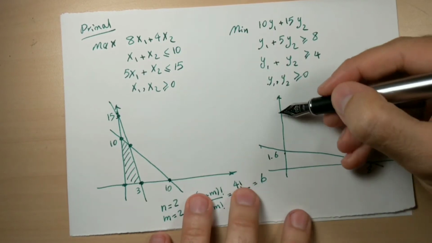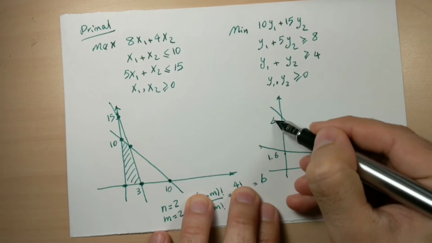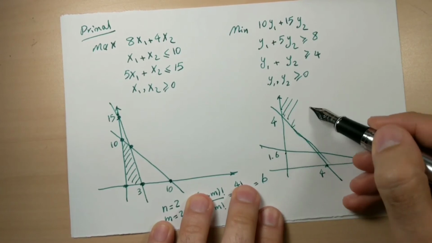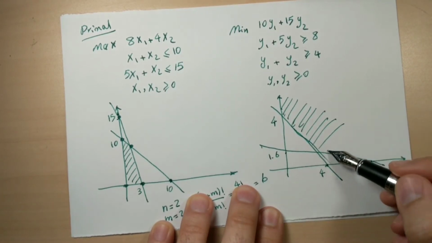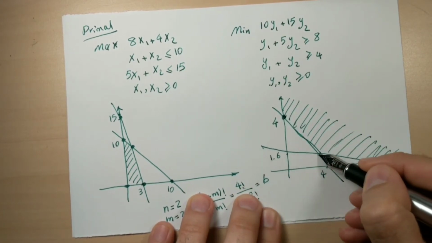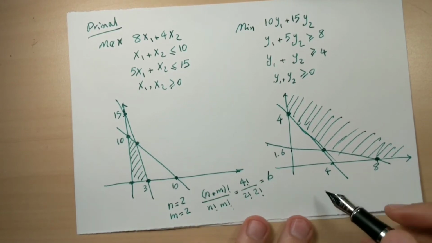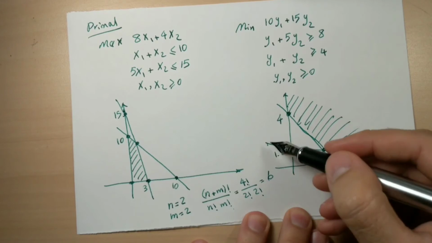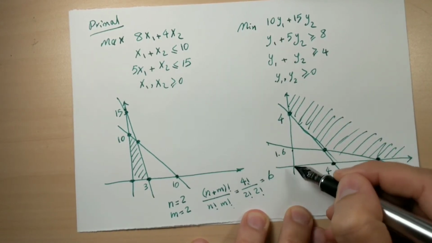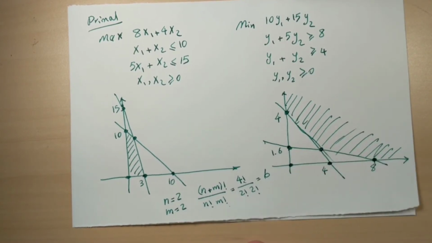For the second constraint, both of them are 4. Greater than or equal to 0, so this is the feasible region. We have 3 feasible corner points. Again, from (n plus m) factorial over n factorial m factorial, you have 6 corner points in the dual problem. 1, 2, 3, 4, 5, 6. All of them are 6, but 3 feasible corner points.